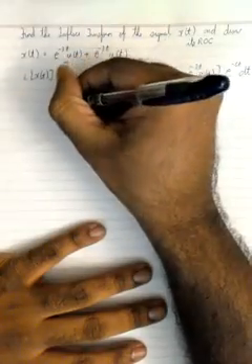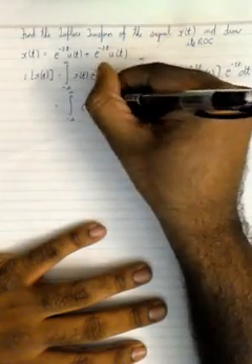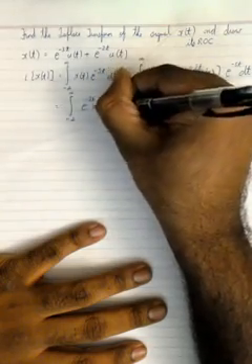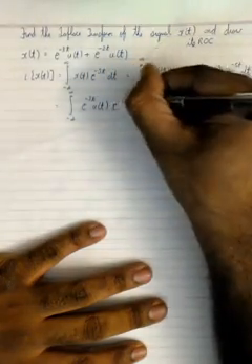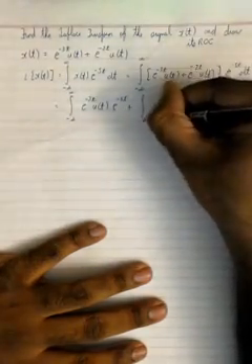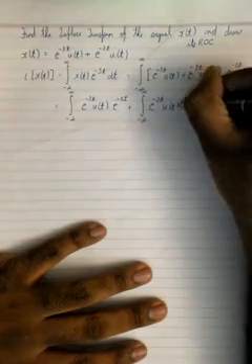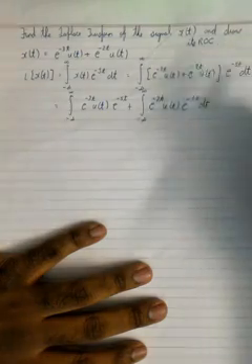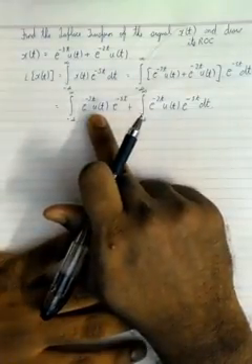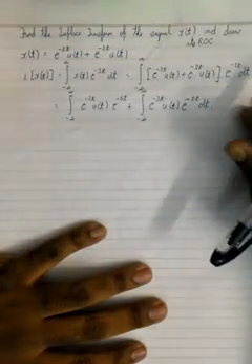Okay, this is also equal to the integral from minus infinity to plus infinity of e raised to minus 3t u of t into e raised to minus st, plus the integral from minus infinity to plus infinity of e raised to minus 2t u of t into e raised to minus st dt. Like I said before, u of t is 1 when t is between 0 to infinity. Otherwise, u of t is equal to 0.